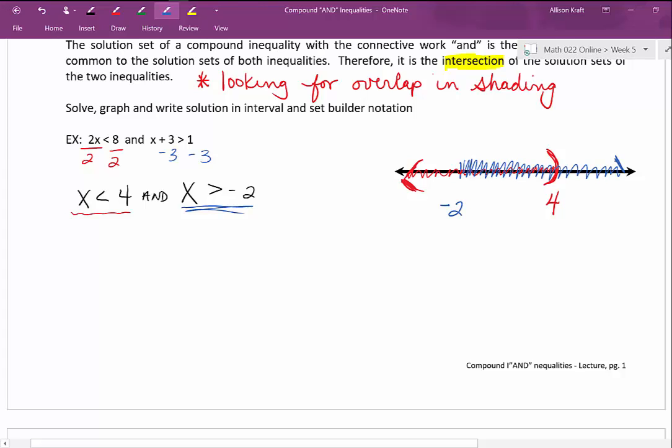It gets an arrow on the end, and since it's a strict inequality, it's going to get a parenthesis at -2. That graph so far is not our solution. Now we want to look for the overlap in shading, because our solution is the intersection of these two solutions. The overlap occurs right here.